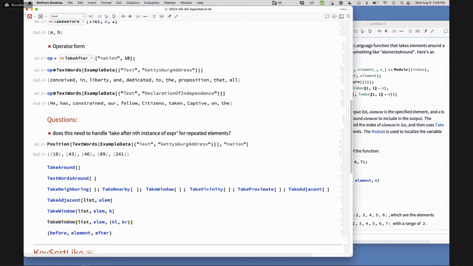Which allows one to give a window where it's the elements before, the elements after. I think this is not completely silly if this is what we're trying to do.